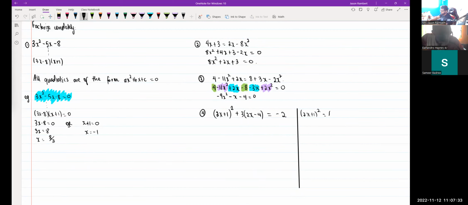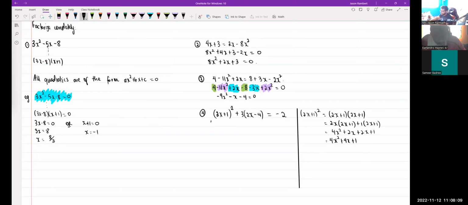The long cut is 2x plus 1 multiplied by 2x plus 1. Everybody should be comfortable with the distributive law, where I'll have the first thing in the first bracket multiplied by the second bracket, then the second thing in the first bracket multiplied by the second bracket. This is 4x squared plus 2x plus 2x plus 1, which is 4x squared plus 4x plus 1.